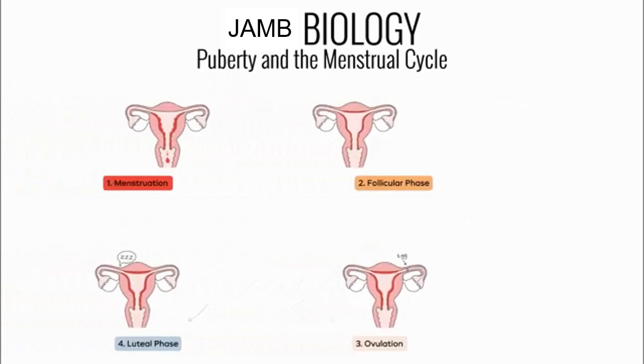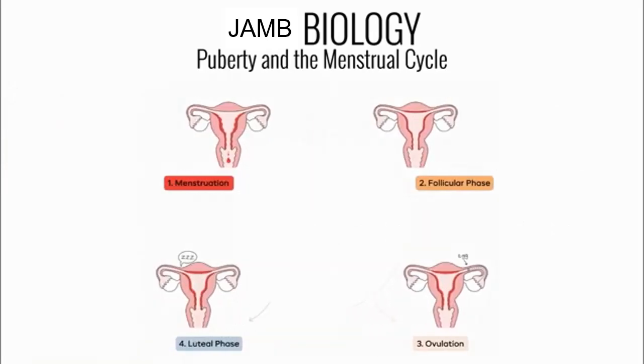So let us consider the menstrual cycle in women. There are 4 major stages we will discuss here. In stage 1, menstruation starts on day 1, and the uterus lining breaks down for about 4 days.